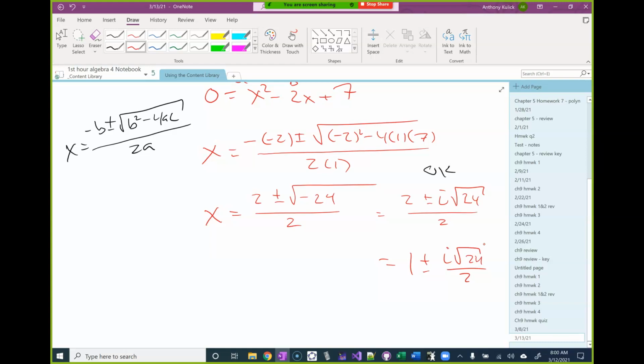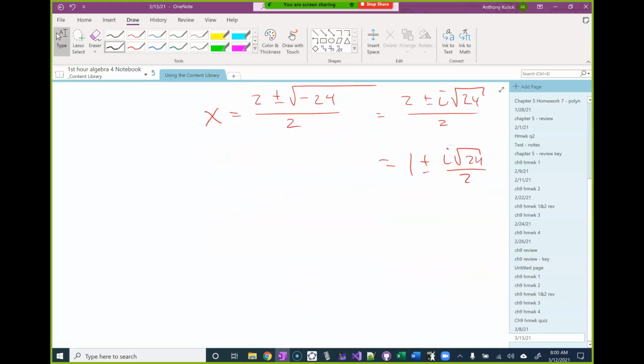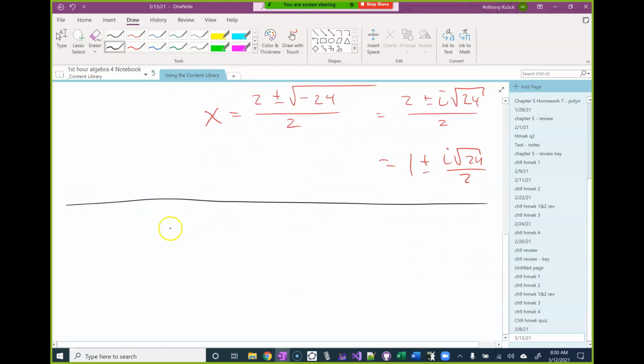So that's okay too, but is it really better than the other one was? I don't know. Does that feel okay on that? The other situation is like a clearing fraction situation.